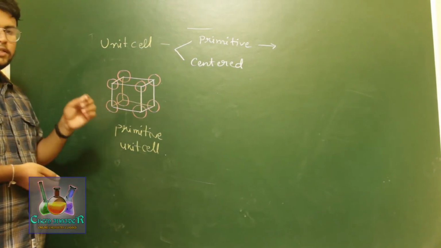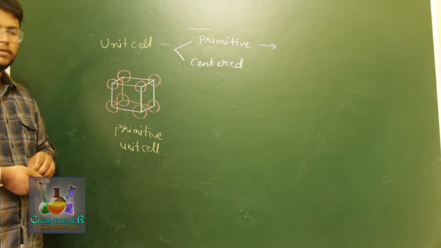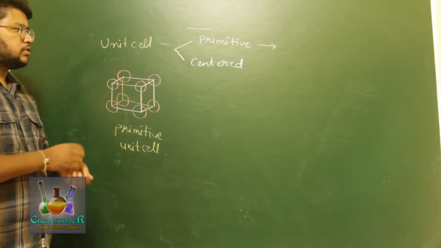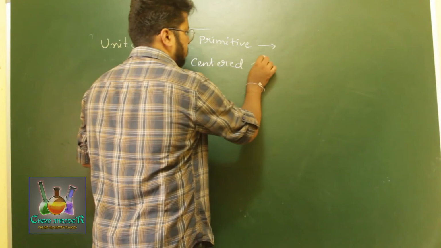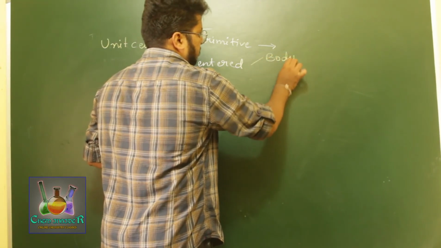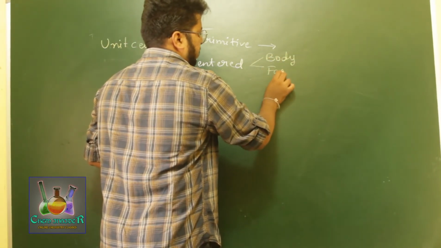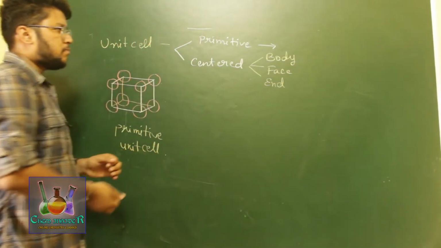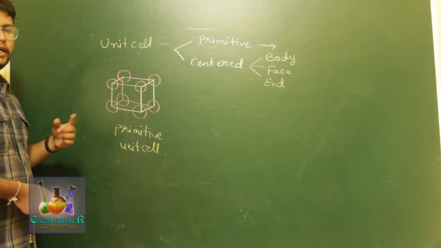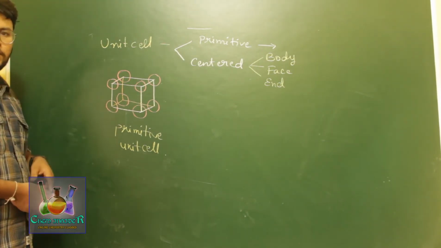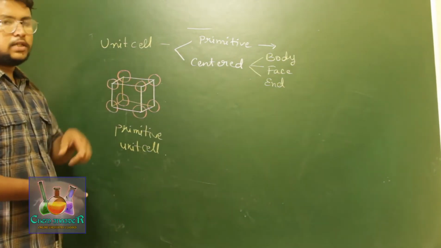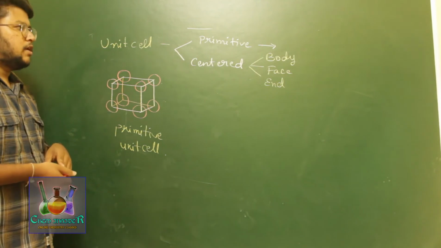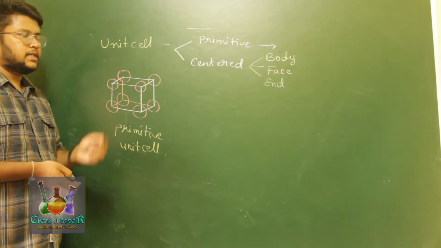Depending on the position of those extra atoms, we classify the centered unit cell into 3 more parts: body centered unit cell, face centered unit cell, and end centered unit cell.